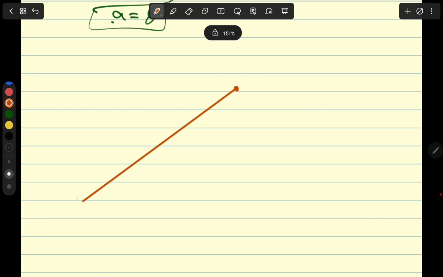So if you have a, let's say that is minus 8 comma 11, and you have b, which is minus 1 comma 21. Now let's say that you do not have the x coordinate for b, but you do know the gradient between a and b.